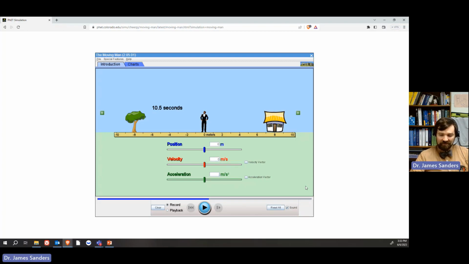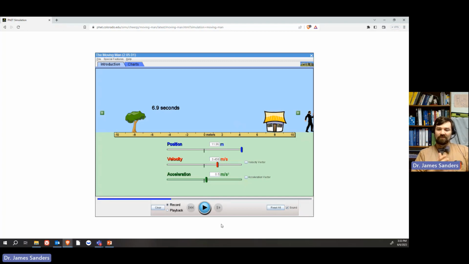I guess it decided that it didn't like my acceleration. So reset all. Take these off. Make this 0.5. So when does he get to 12 meters? Basically just watch this number till it hits 12 and then we hit pause. So 7, 8, 9, 10. That's 11.96. That's pretty close to 12. This happened in 6.9 seconds.